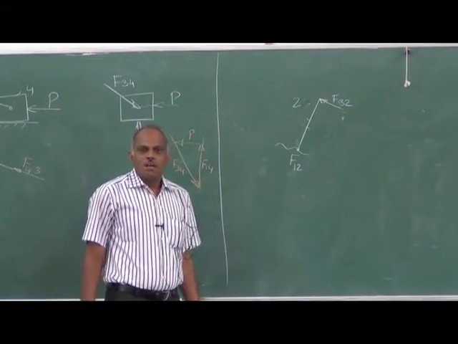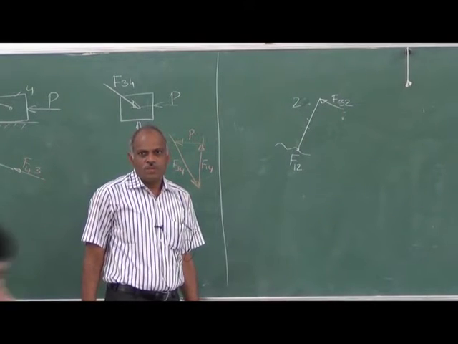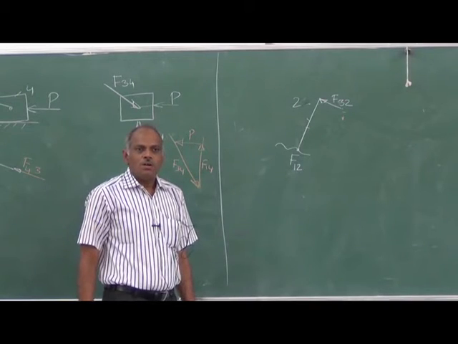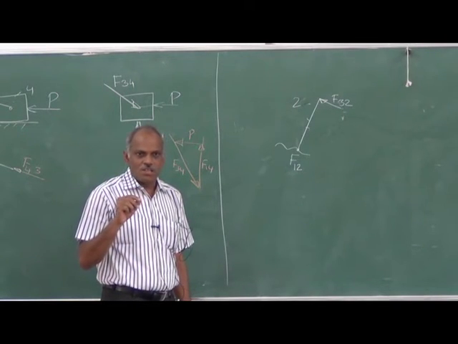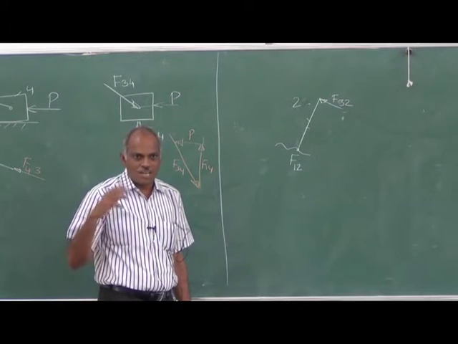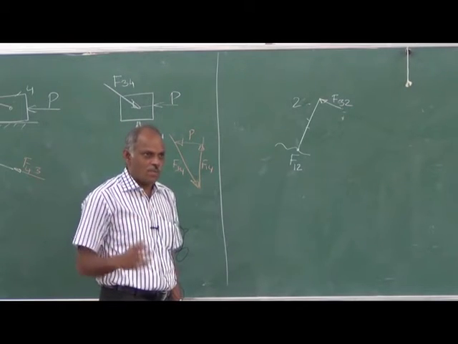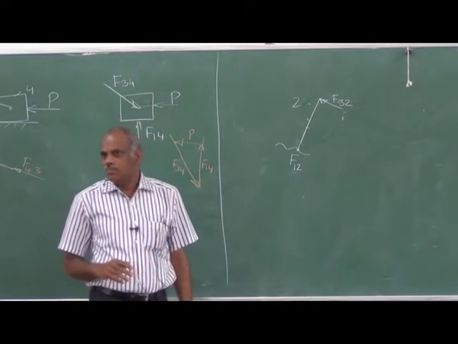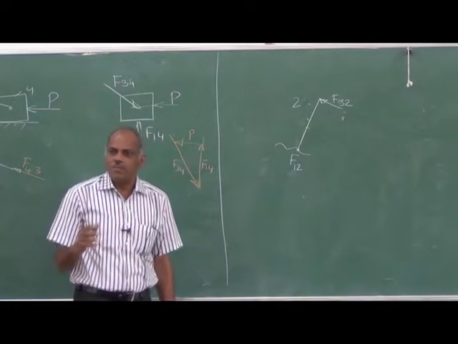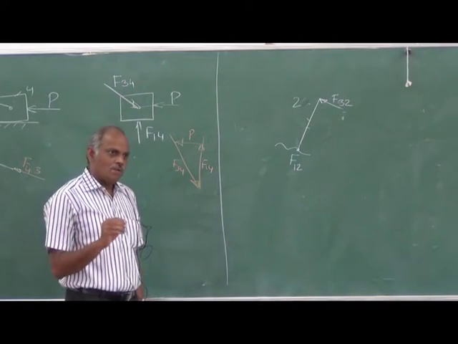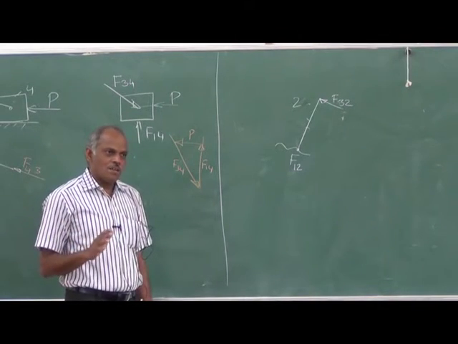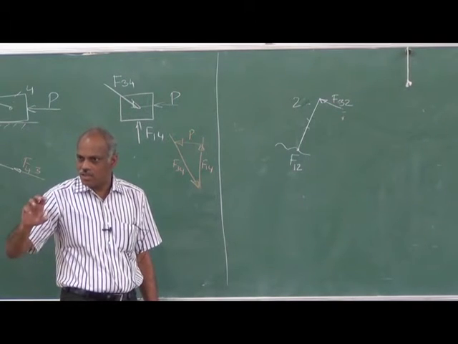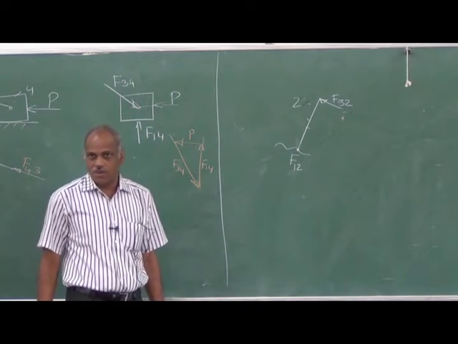Now to solve the problems, you should know what kind of reactions or forces and moments are transmitted through each pair, lower pairs. But for our analysis, we have taken the planar mechanism, especially the 4-bar mechanism, where all the joints are mostly revolute joints.